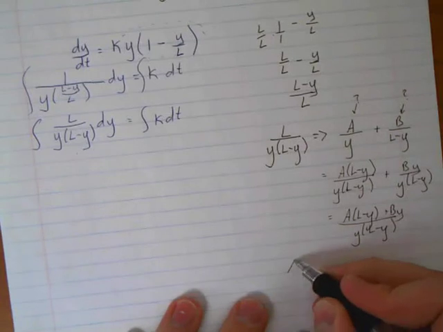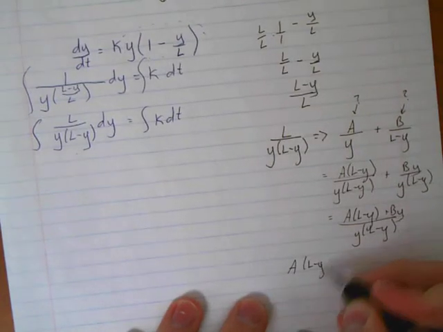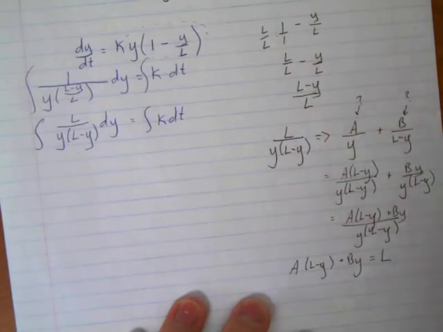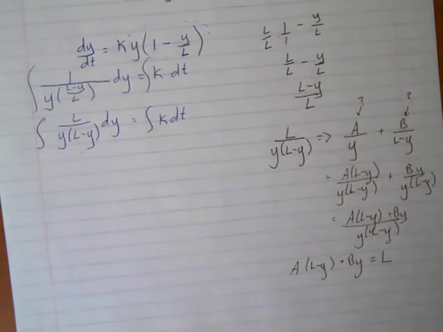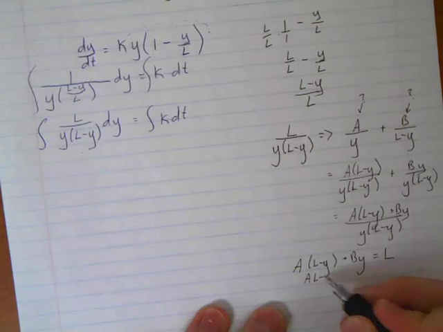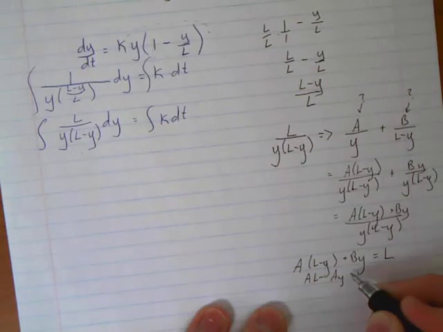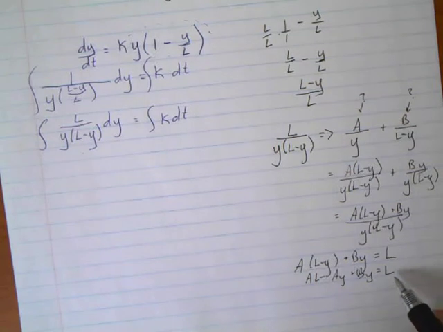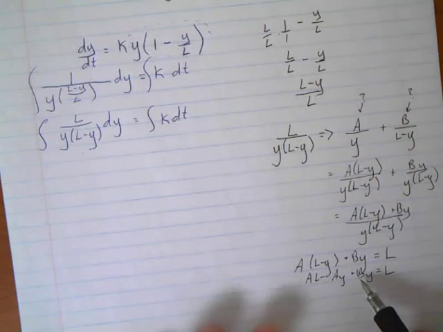We know that A times (L minus y) plus B times y must equal L, because that's what we have as our numerator. So if we do a little multiplying through, AL minus Ay plus By equals L. Notice in order to equal L, we can't have any y's. We have a minus Ay and a plus By.